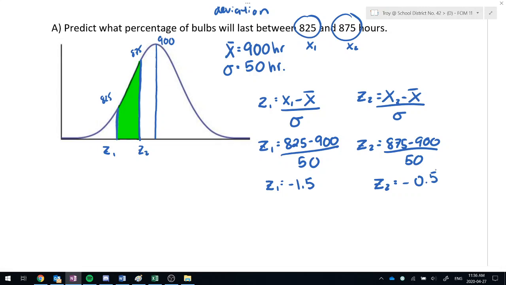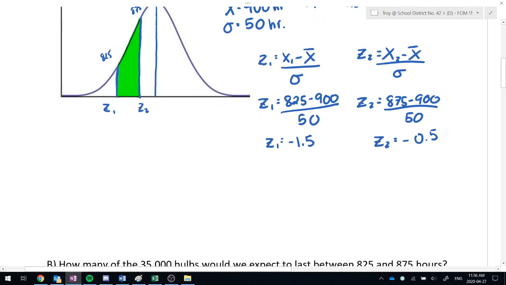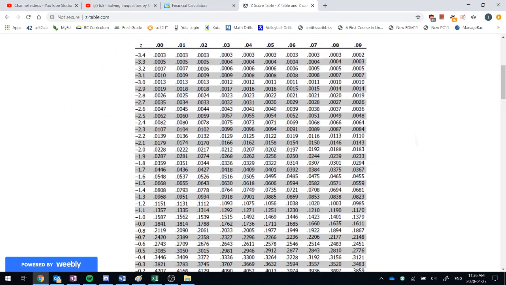But that's not what the question's asking. Of course, the question is asking what percentage of the bulbs that they make is going to last between those two values. So we're going to have to go to our z-score table. So we'll say from table. All right, so we need negative 1.5. So let's see.